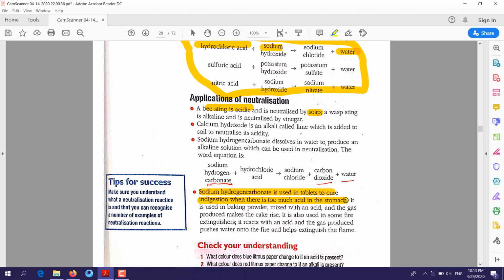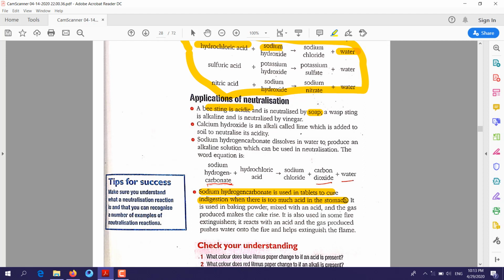The acid from your stomach will start going outside your stomach. It goes to your throat. So now in this case, what will happen? You will feel it's like burning your esophagus. It's like burning. Why is it like burning? Because of the acid from your stomach.